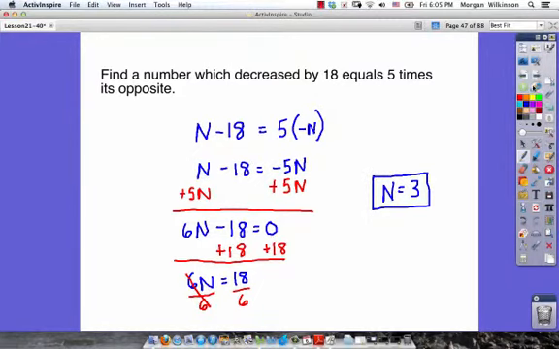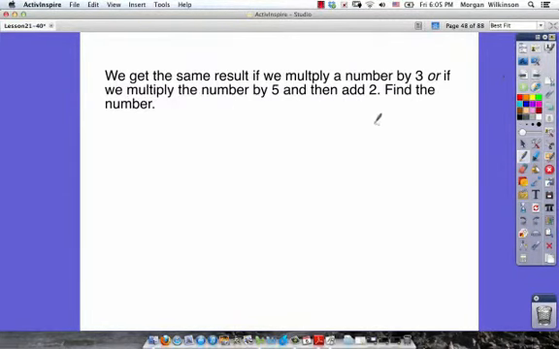Let's look at one more example today. This one says, we get the same result if we multiply a number by 3, or if we multiply the number by 5 and then add 2. Find the number.